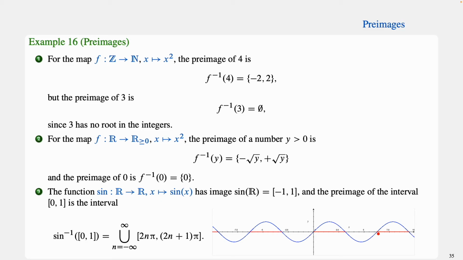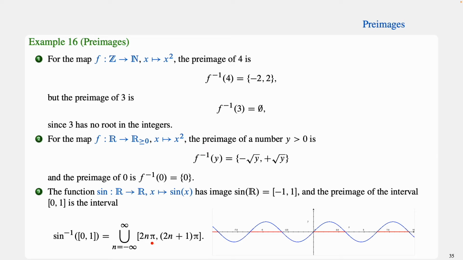These make up the pre-image. Because whenever you're in one of these red intervals, your sine takes a value between 0 and 1. And whenever you're out of it, it takes a value below 0, down to -1. So these ones I'm not interested in. I just want the red ones. And how can I write this more formally? Well, it's the union of all these red intervals, and they go up to infinity.